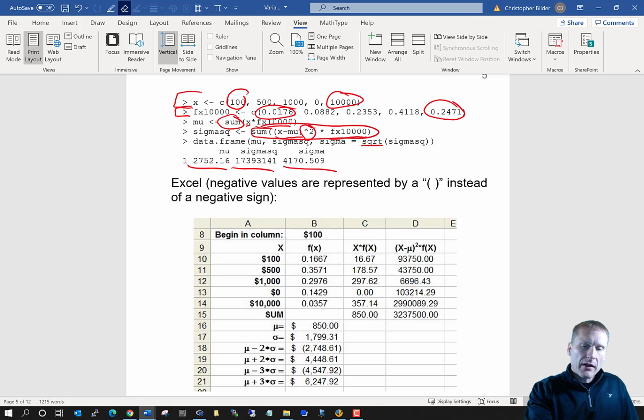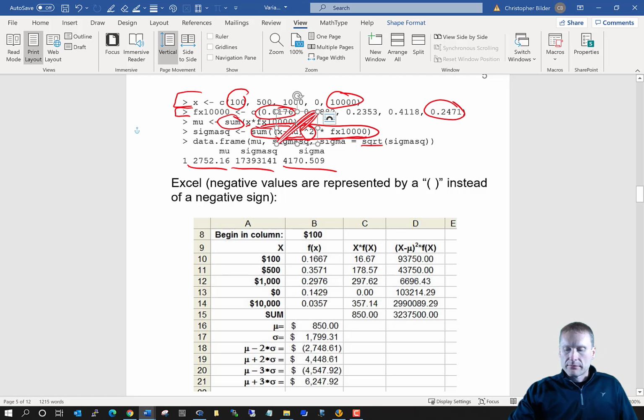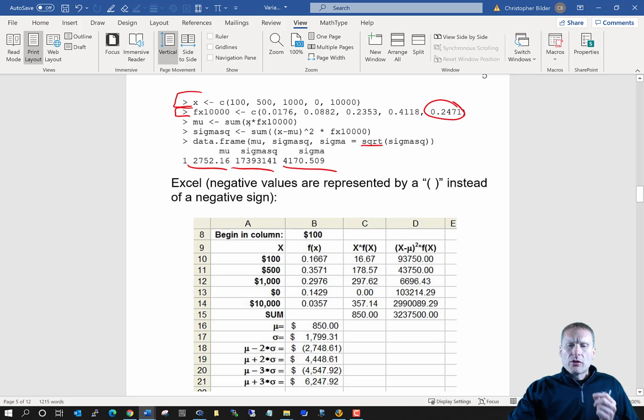Now, if you're not comfortable with some of this discussion, now that we've been using R for a while, what I recommend that you do, rather than me walking through it myself, is that you go through parts of the calculation. So look at x times the fx 1000, which represents that PDF.